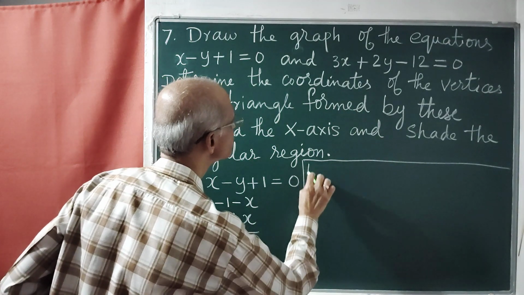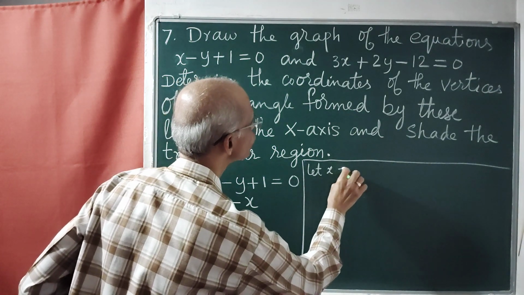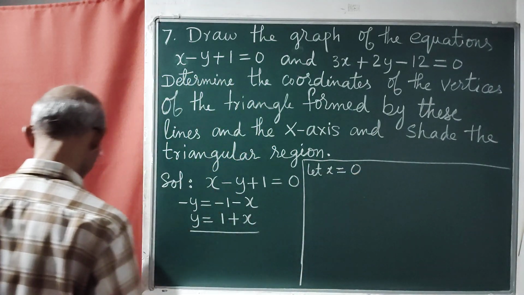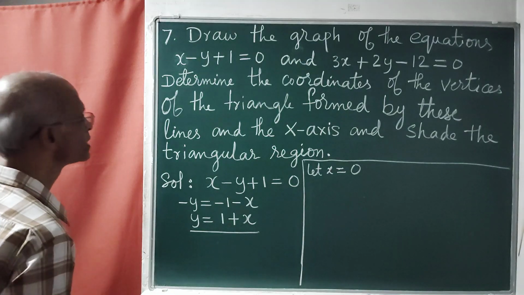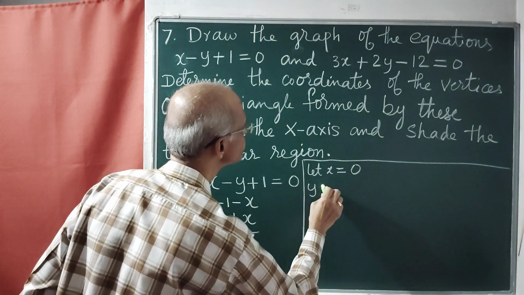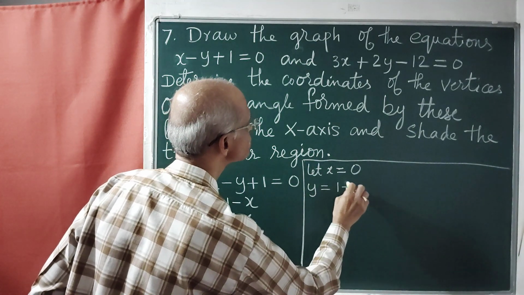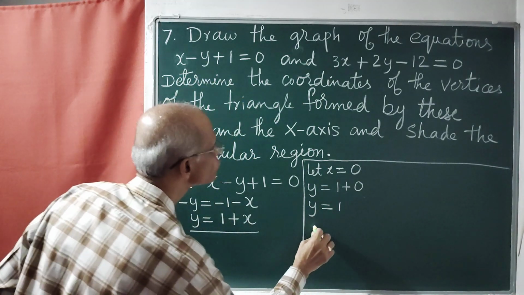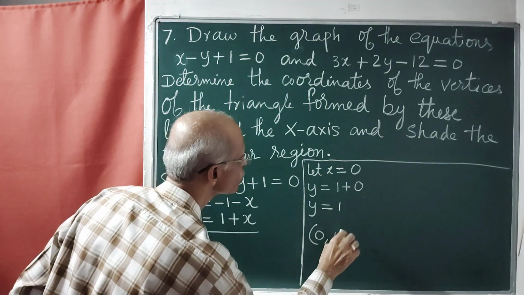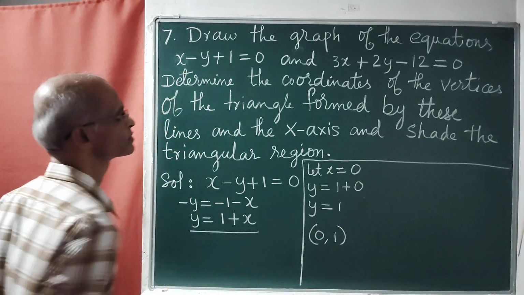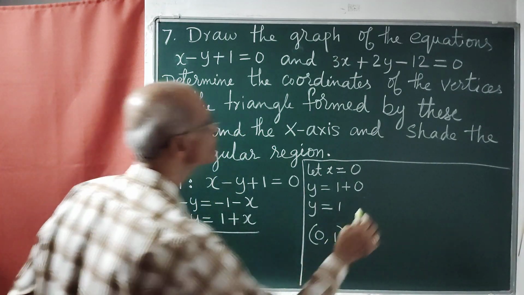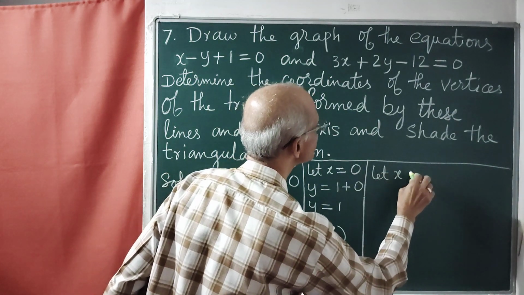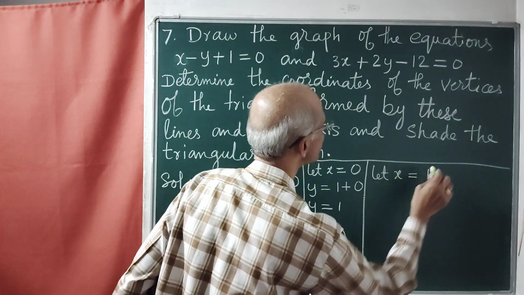Now let x be equal to 0. Then y will be equal to 1 plus 0, so y will be equal to 1. So 0 and 1 is the first pair of coordinates. Let x be equal to 1.